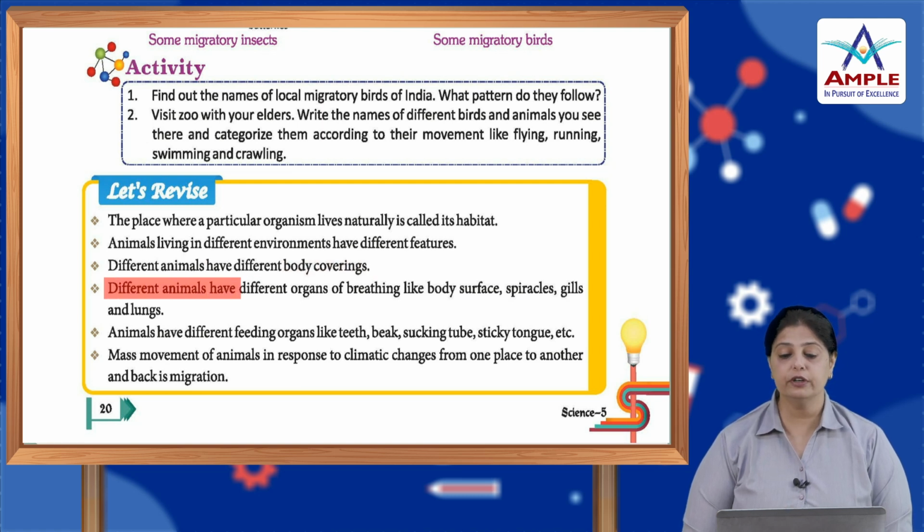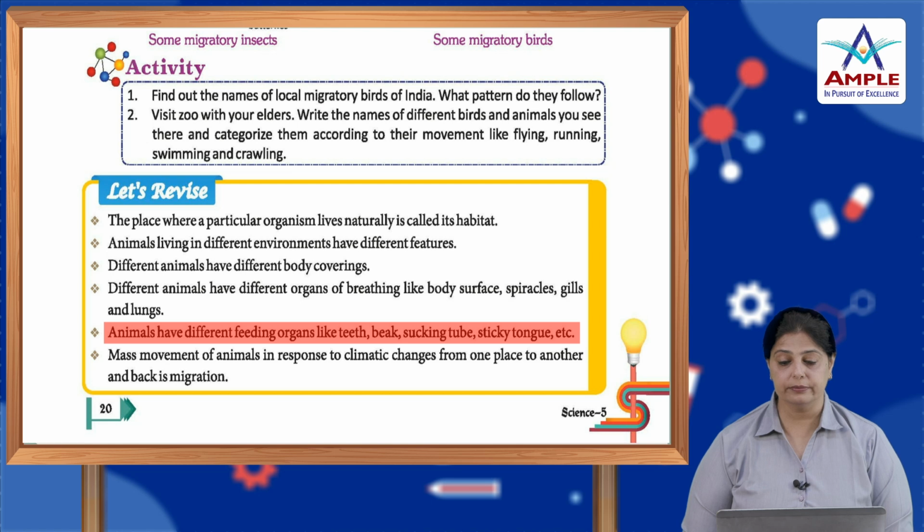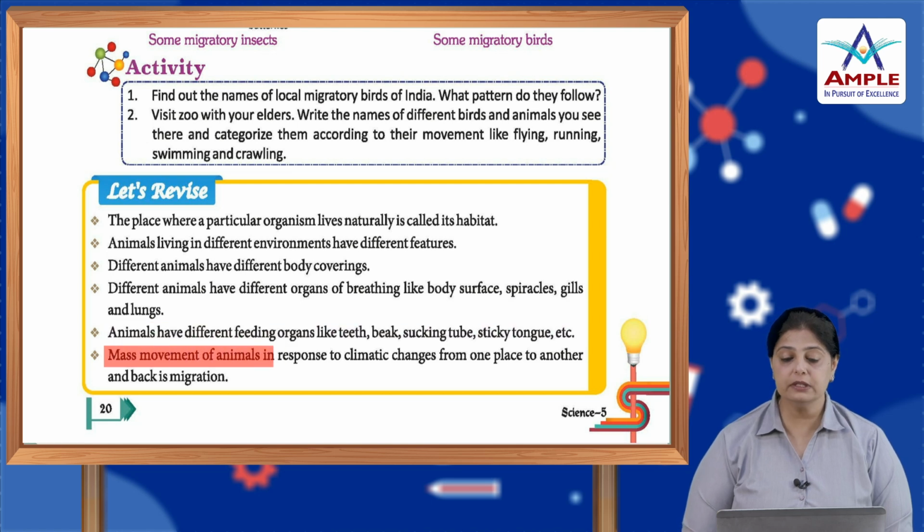Different animals have different organs of breathing like body surface, spiracles, gills and lungs. Animals have different feeding organs like teeth, beak, sucking tube, sticky tongue, etc. Mass movement of animals in response to climatic change from one place to another and back is known as migration.